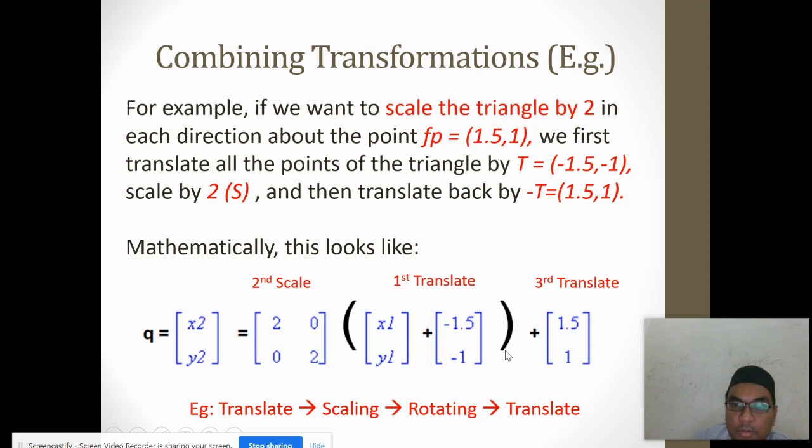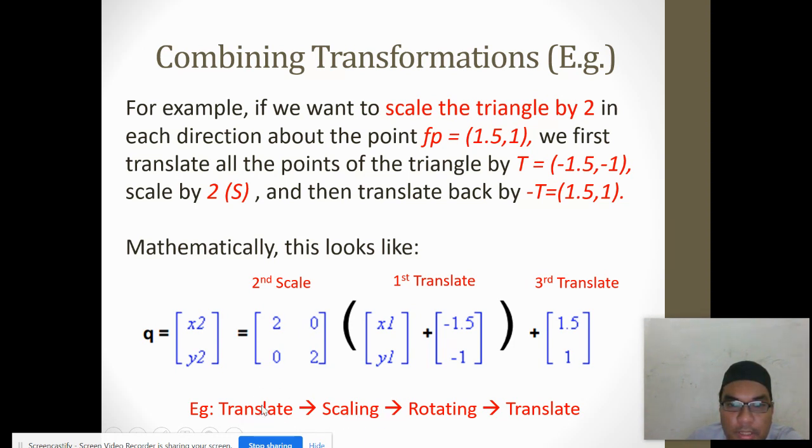We first translate the points of the triangle by minus 1.5 and minus 1, and then we scale it by 2, and then we translate back by 1.5 and 1. So this is basically a combination of transformations involving scaling.